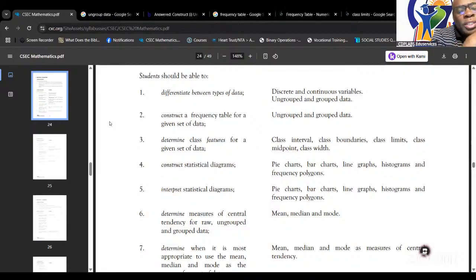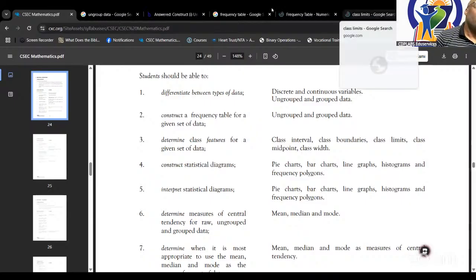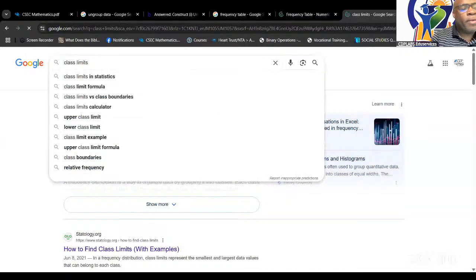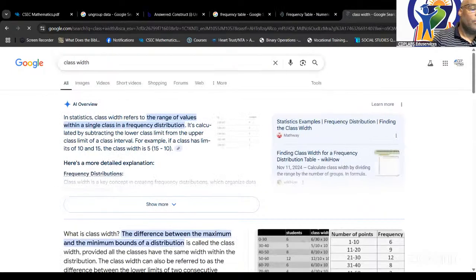The class width, it is the difference between, well, let us look for some definition. It's actually the difference between the class boundary. The class width, in statistics, of course. Now, in statistics, class width refers to the range of values within a single class in a frequency distribution.